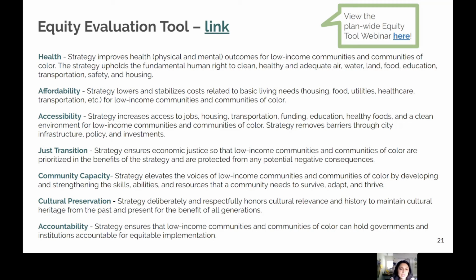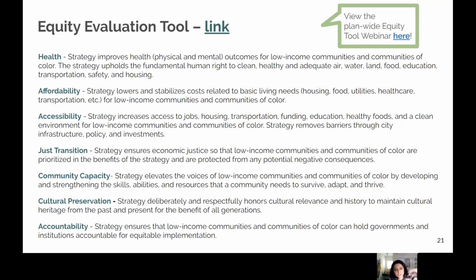So these are the different themes that we have presented. And as you can see, with the statements following the themes, we're hoping that the strategy improves, for example, physical and mental outcomes for low-income communities and communities of color. Ensuring that a strategy upholds the fundamental human right to clean, healthy, and adequate air, water, land, food, education, transportation, safety, and housing.